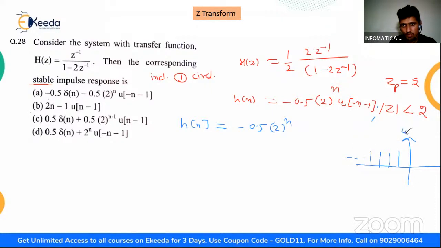What is this, u of minus n minus 1, from minus 1 to. So we can write this signal as delta n minus 1 and u of minus n.